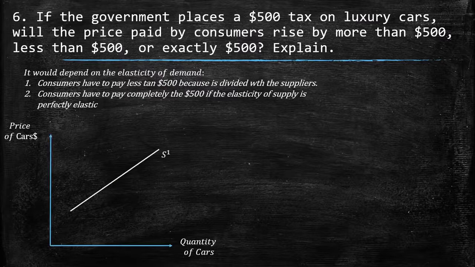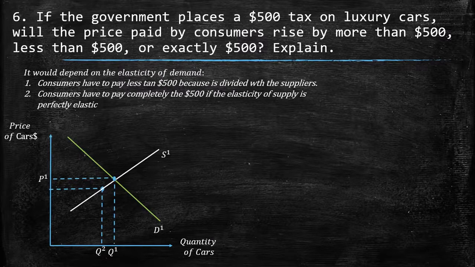Let's see. Here we have the initial case, with Q1 and P1, the equilibrium price in the initial condition. There is a tax, with P3 where this difference is $500. This is the tax. The consumers have to pay P3, but the sellers are just going to receive P2, so this difference is going to be $500.